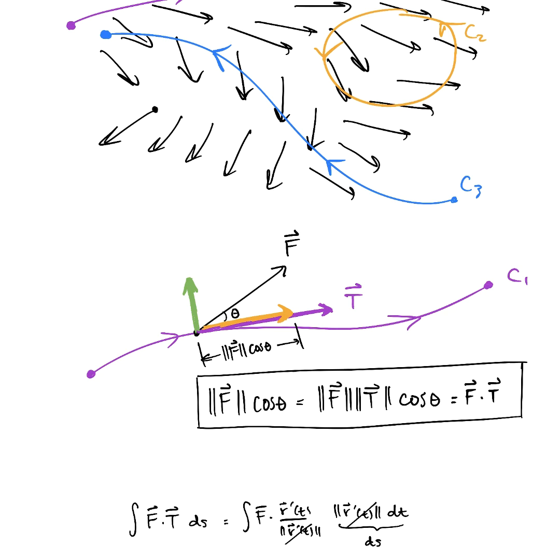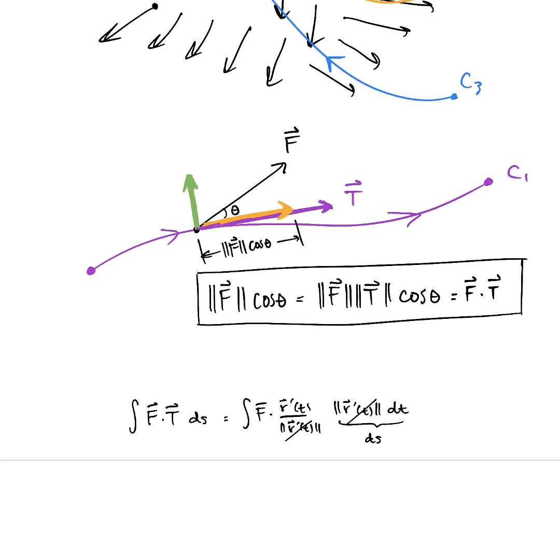Okay, so we're going to define the line integral of the vector field along the curve C1 in the following way. You're going to figure out what F dot T is at each spot and use that as your function to do a normal line integral with, like in a 16.1 sense. So right here, this guy is the f from 16.1.